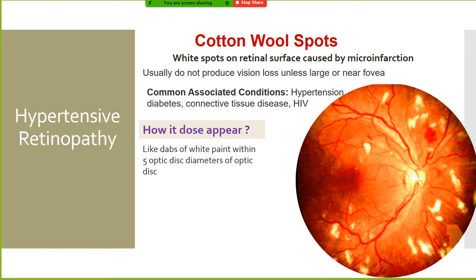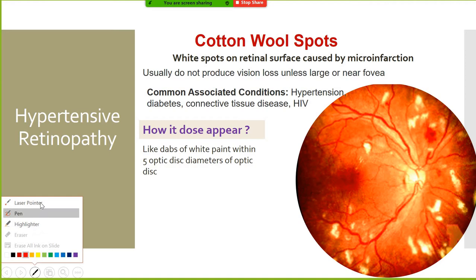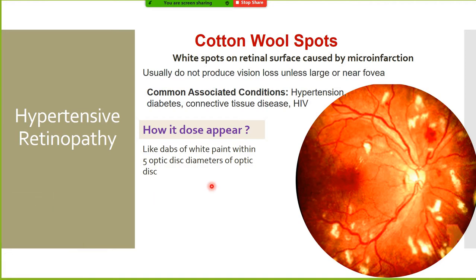So this is how a cotton wool spot is majorly detected, and cotton wool spots are most commonly associated with diabetes, connective tissue diseases, hypertensive disease, and cases of HIV. So this is how a cotton wool spot is going to appear, a whitish appearance, like patches of paint.